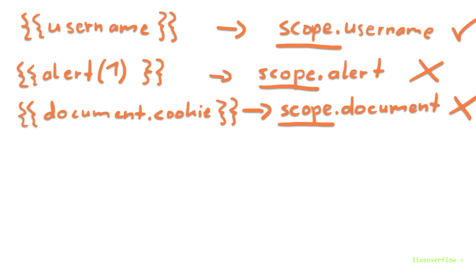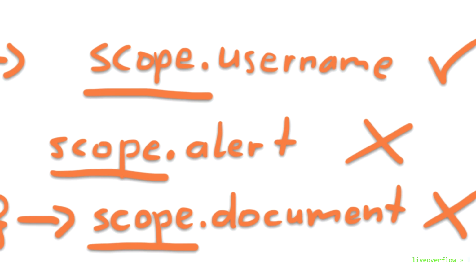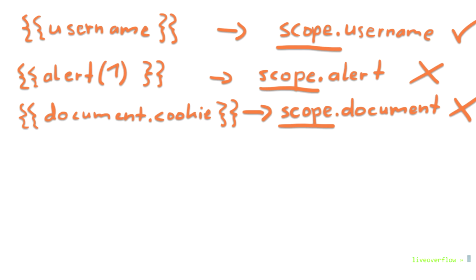This is basically a JavaScript sandbox. AngularJS expressions are kinda JavaScript syntax, but are parsed and evaluated by Angular, and you are only allowed to access variables and functions from the scope object. You are not allowed to access global functions like alert or the cookies.